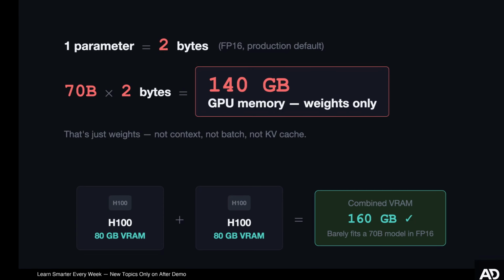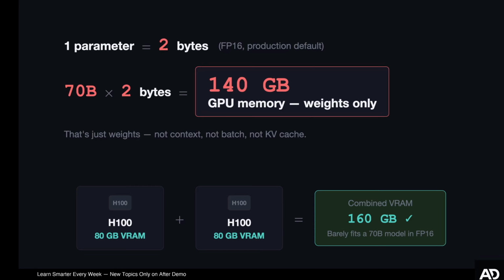Every parameter has to live in GPU memory during inference, not disk, not RAM, GPU memory. A 32-bit float is 4 bytes. Most production serving uses 16 bits, that's 2 bytes. So 70 billion parameters at 2 bytes is 140 gigabytes of GPU memory, just for the model weights, not the context window, not the batch, just the weights.